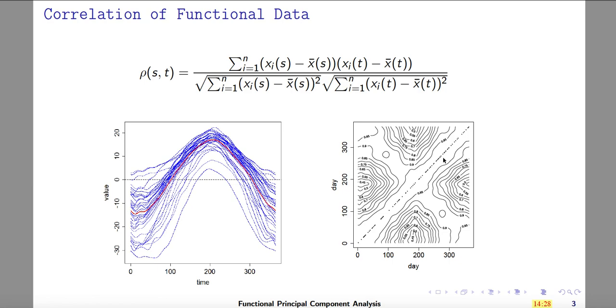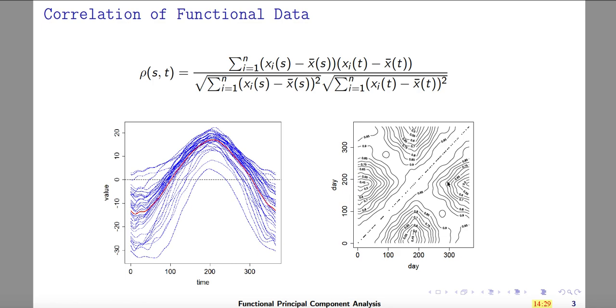And off the diagonal, interestingly, because temperature is a periodic function, the temperature at day 1 will be highly correlated with day 365 because they are both in the winter.